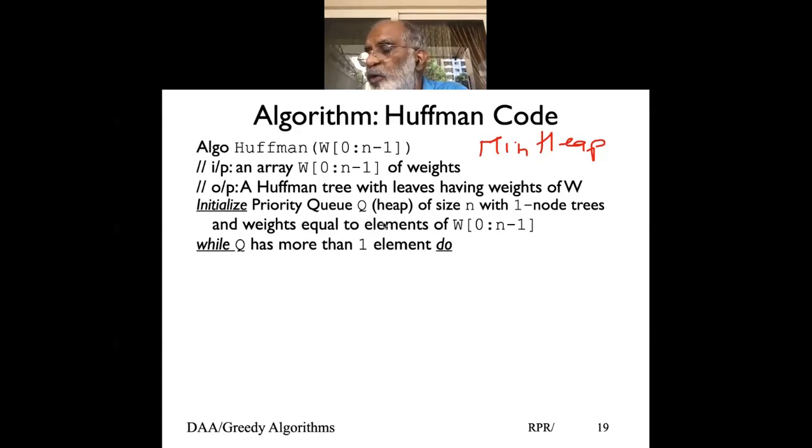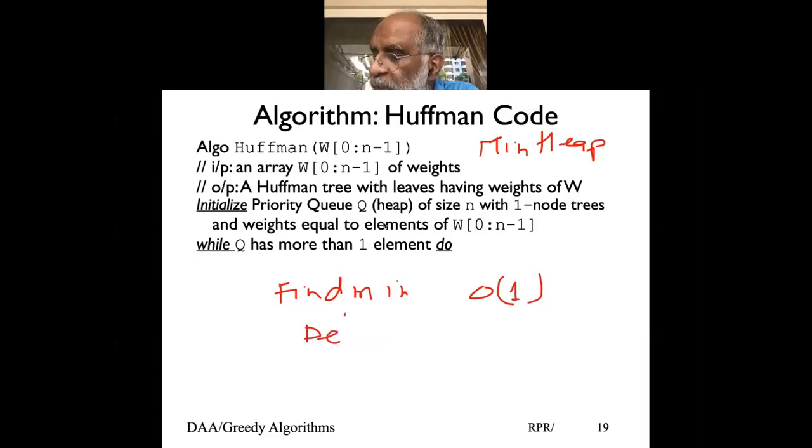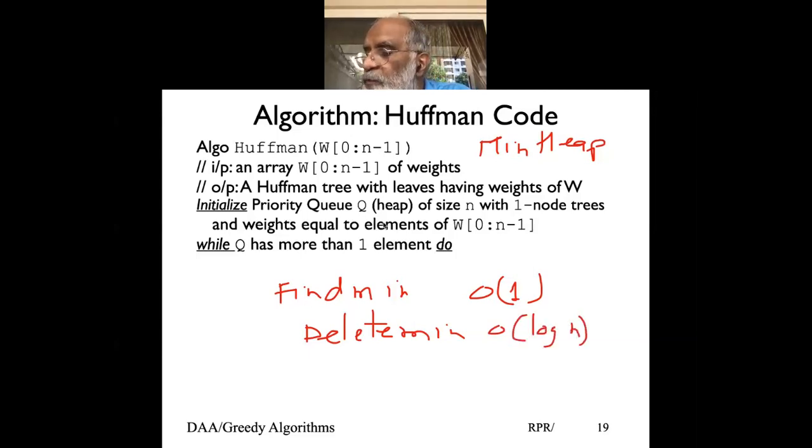And we know that when you do a heap, my find min takes order one time, whereas delete min, when I delete my min node, takes order log n time. So essentially what we do is start with all nodes as trees by themselves and make them a heap of size n, and each is basically a one node tree, and their weights are equal to whatever their frequencies or probabilities are.